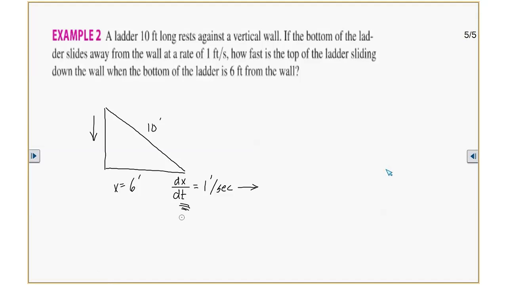Dx dt. So what are you going to find? Dy dt. So you've got to take your formula, whatever formula you're going to use here, take the derivative and solve for dy dt. And once you have dy dt, then you can start plugging in the numbers.